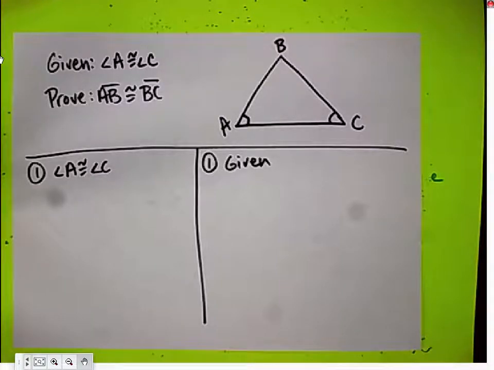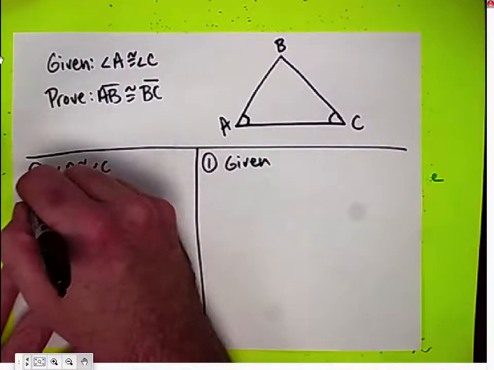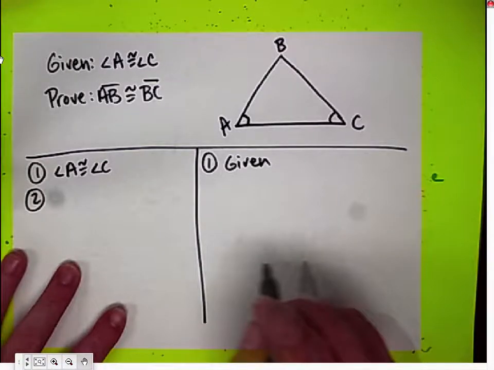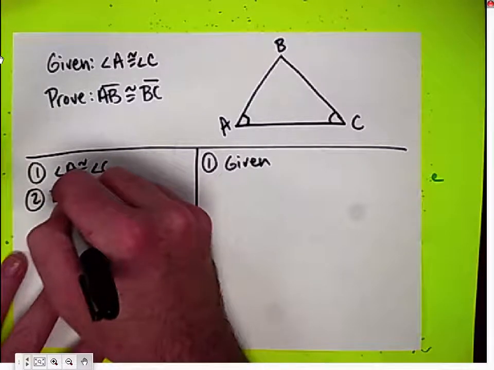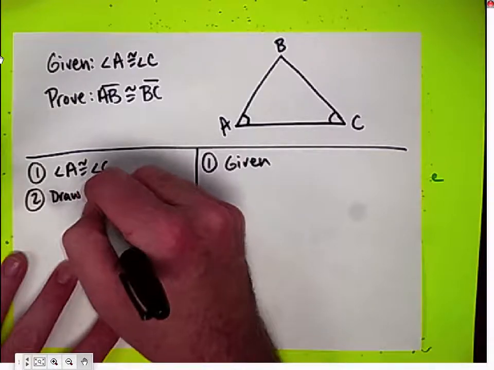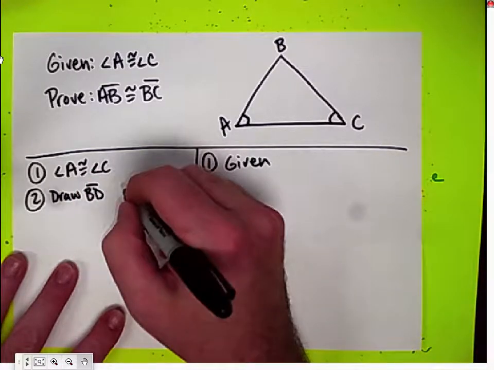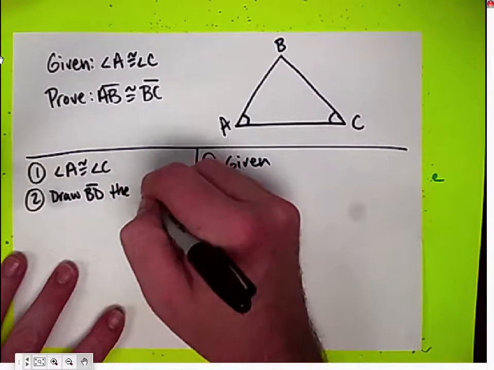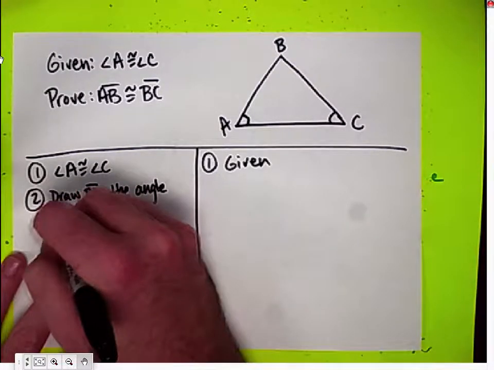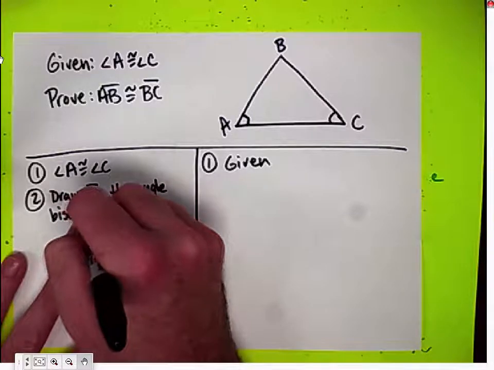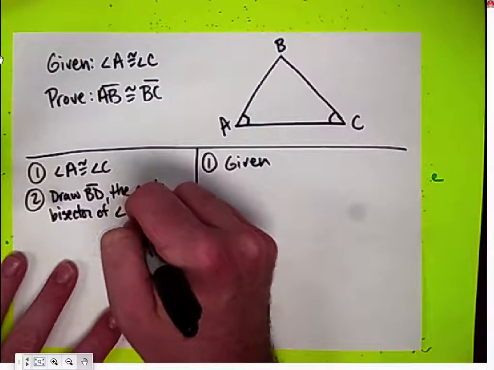So what we need to do is divide this triangle into two congruent triangles. And so my next step is going to be: draw BD, the angle bisector of angle ABC.